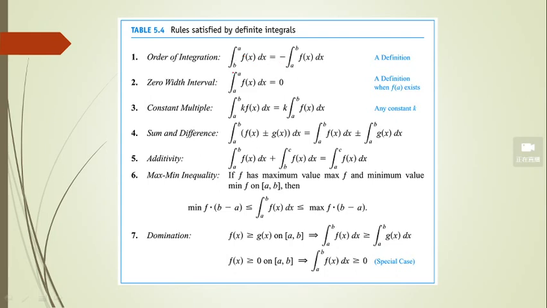If we switch b and a, the integral from b to a equals minus the integral from a to b. Which means if the integral from a to b is positive, then from b to a the definite integral is a negative number, with a different sign. That is how we switch the lower and upper limit.